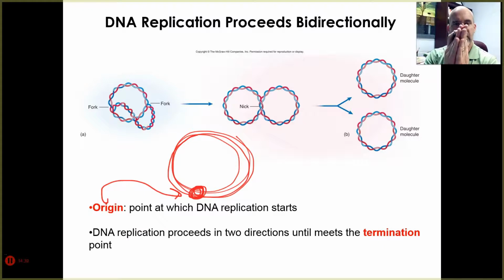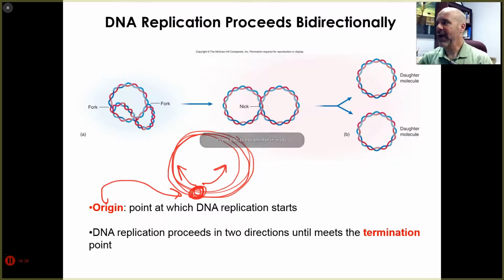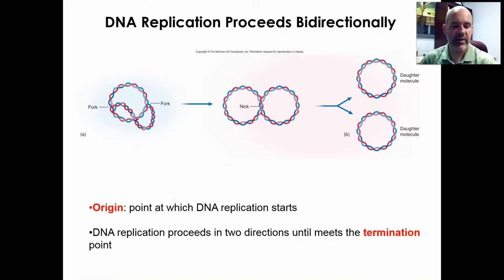And then the original strands of DNA are going to get peeled apart in both directions. They're going to get peeled apart that way and that way, and replication is going to proceed all the way around that circle, and eventually you wind up with a configuration that looks like this, where you've got two copies of a circular DNA molecule in this case, and they've got to be disengaged from each other, so they have to be nicked to make that happen, so that the two circles will be peeled apart.